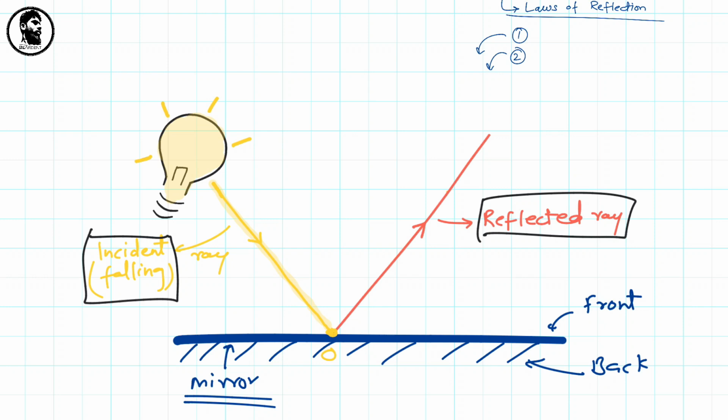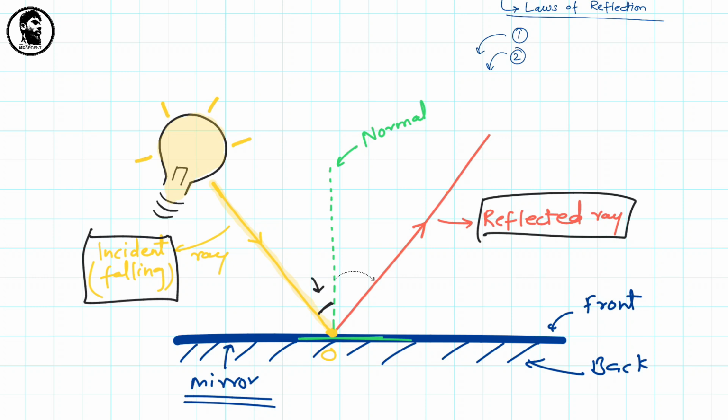Now there are two laws which talk about this reflection. Before going further, we should draw a line in the middle which is perpendicular to the mirror, and we give this line the name normal. The incident ray, when hitting the point O, makes an angle with the normal, and the reflected ray also makes an angle with the normal.